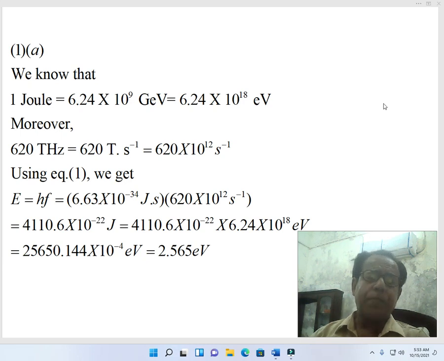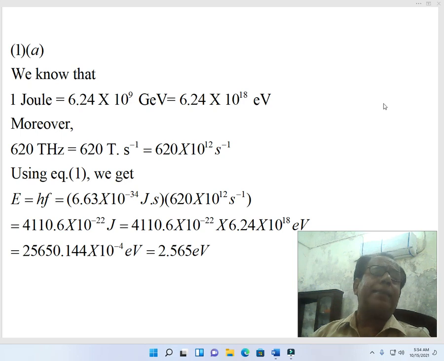Dear students, actually we call such terms, that is kilo, million, giga, tera, as prefixes. 1 joule is equal to this, as we have said earlier.